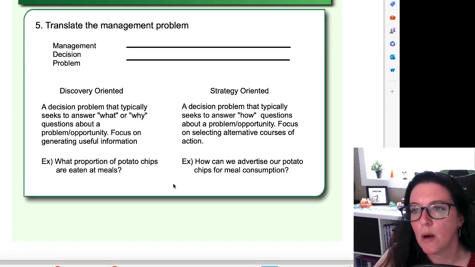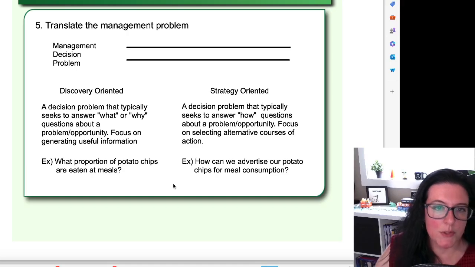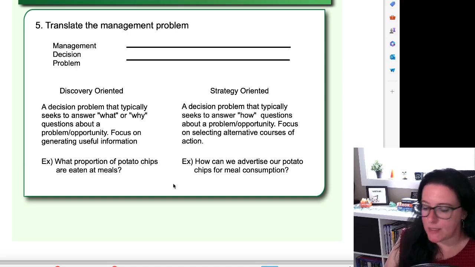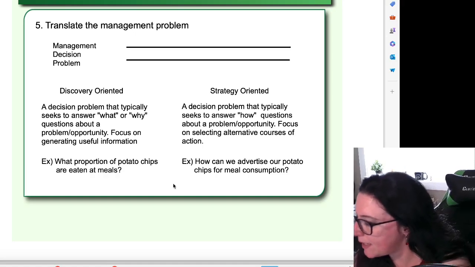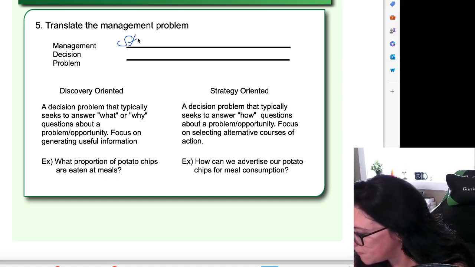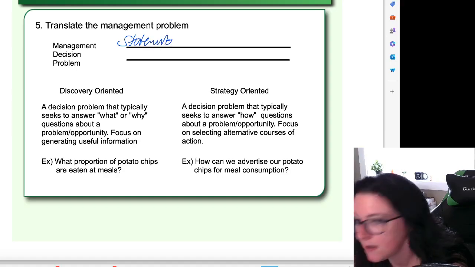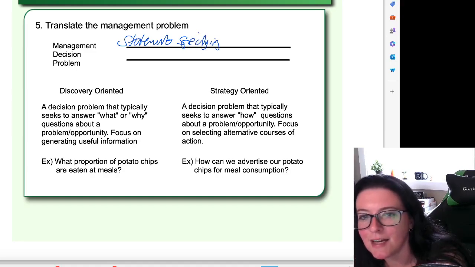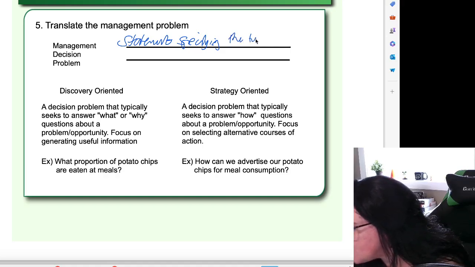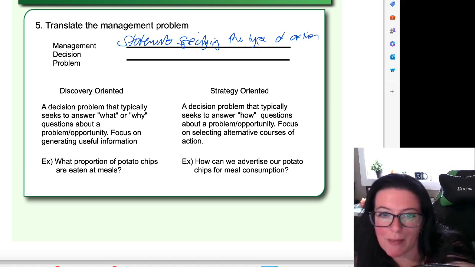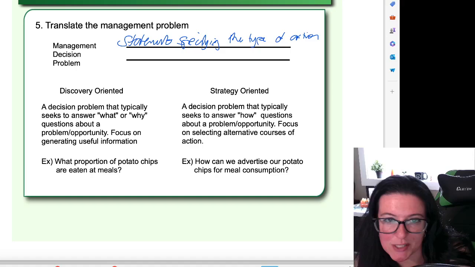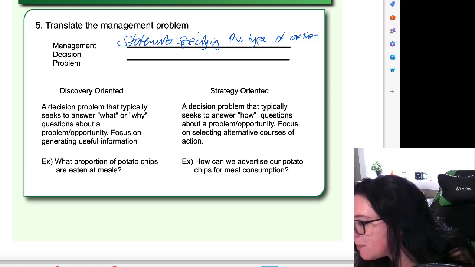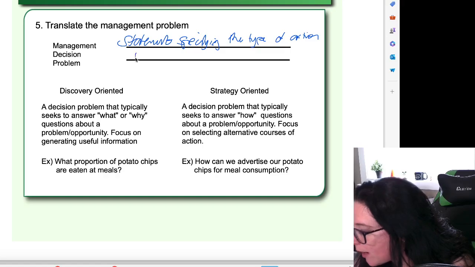Translate the management problem. So when we talk about a management decision problem, this is a statement specifying the type of action. It's managerial action here, so the decision problem is a statement specifying the type of action required to solve the problem.